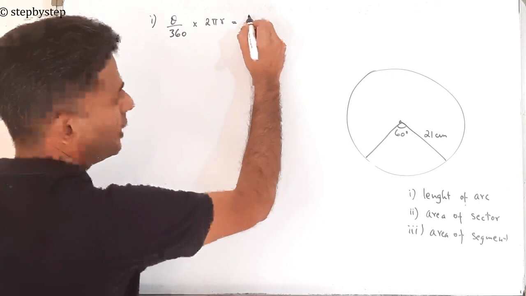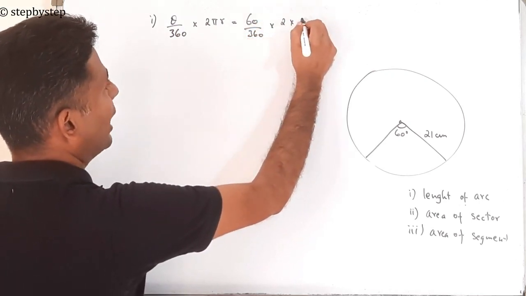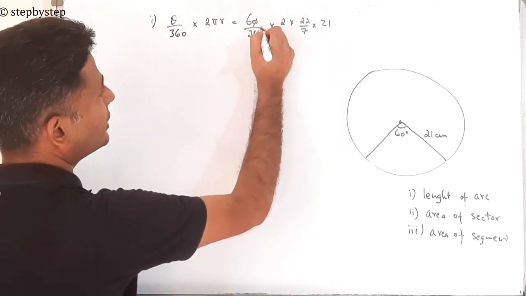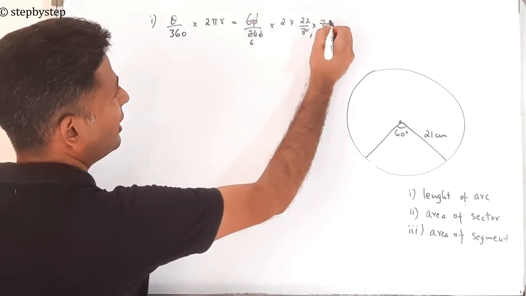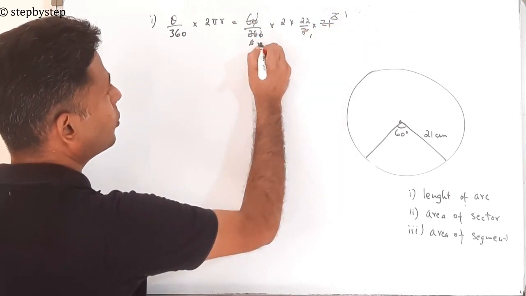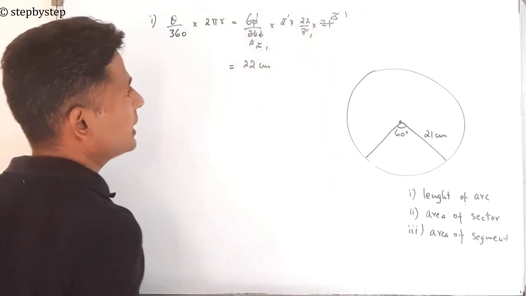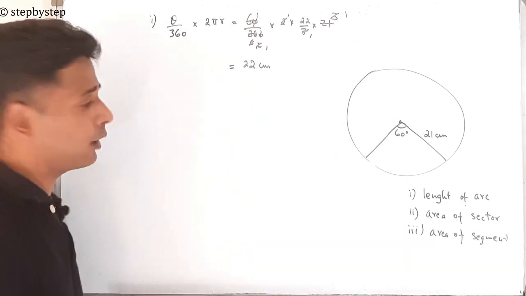So direct substitution, theta is 60 by 360 into 2 into pi, that is 22 by 7 into r, that is 21. So 0 0 cancel, 6 1s are 6, 7 3s are 21, we get the answer as 22 centimeter. Alright, so we found the length of the arc, very simple, direct application of formula.